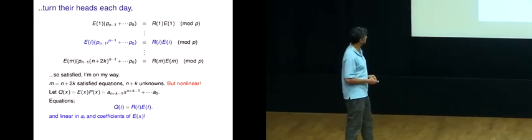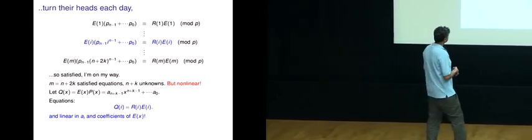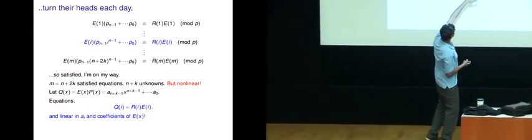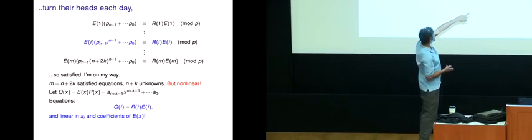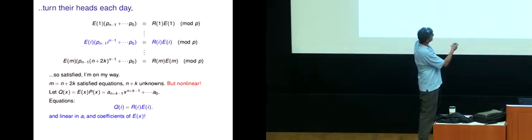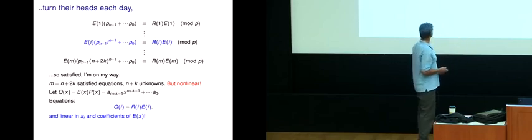Now, if you start plugging in i here, you're going to have a sub n plus k minus 1 times i to the n plus k minus 1, and on this side, you'll have the coefficients of e of x.